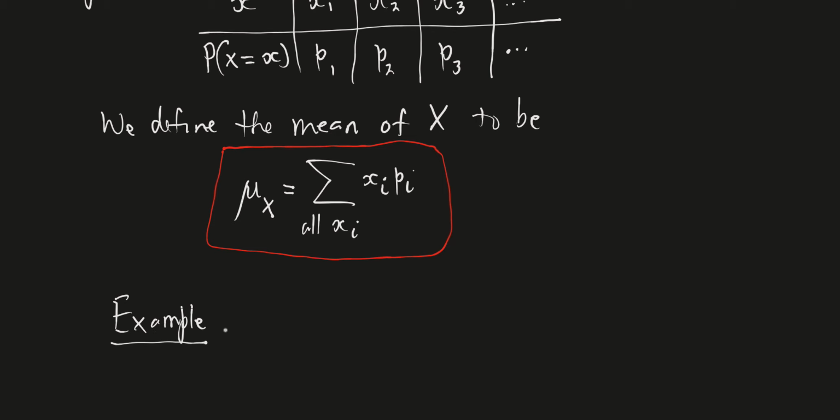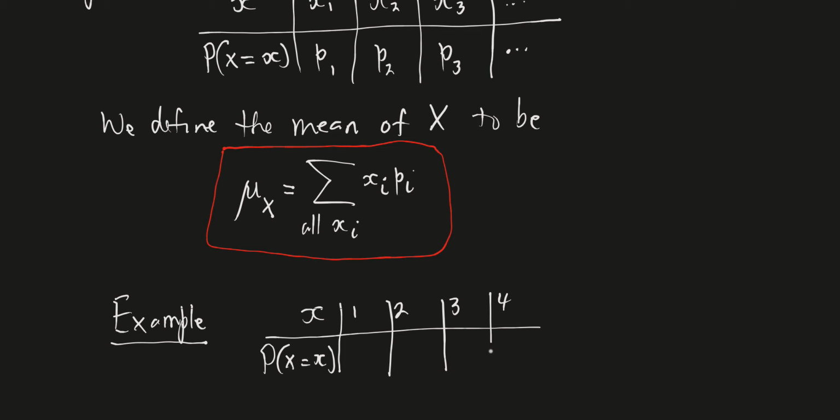So let's say this is our PDF. X can take on one of four values: 1, 2, 3, 4. And here are the associated probabilities that it will take on these different values of X. So the probability that the random variable is equal to 1 is 0.1.